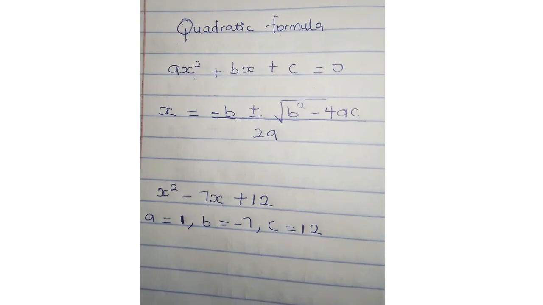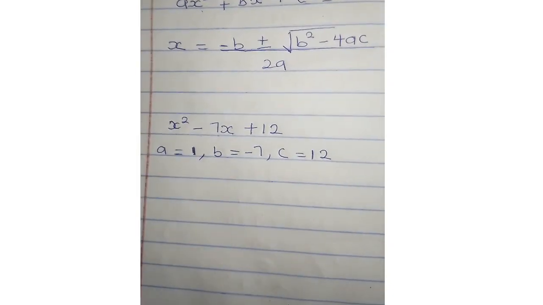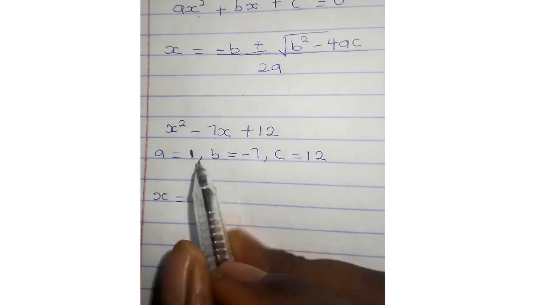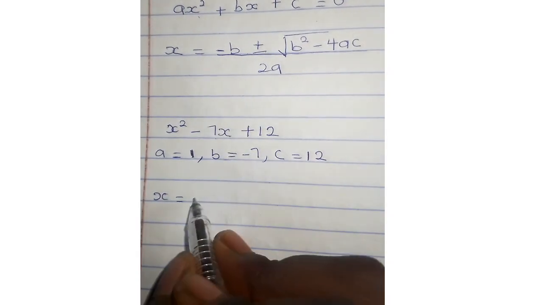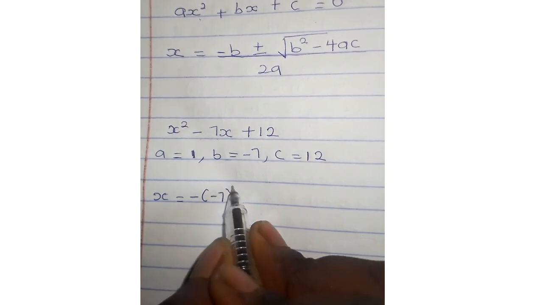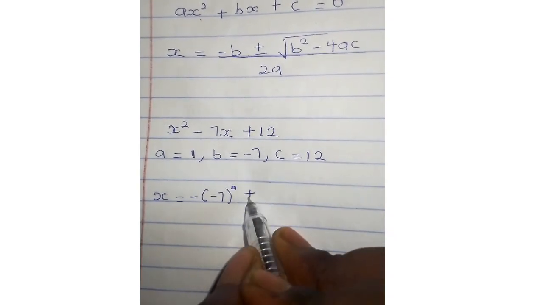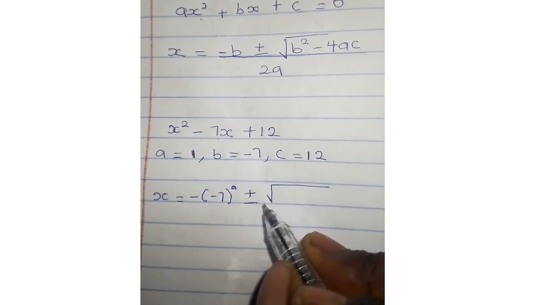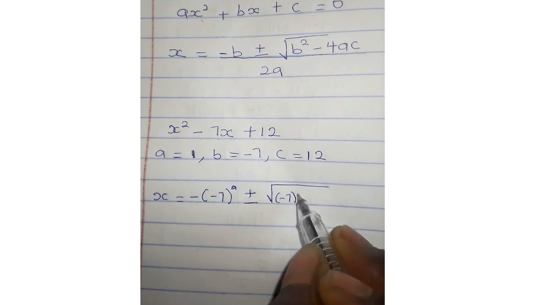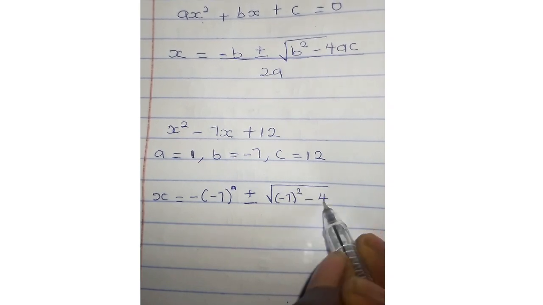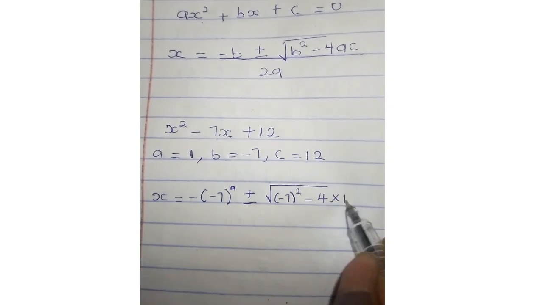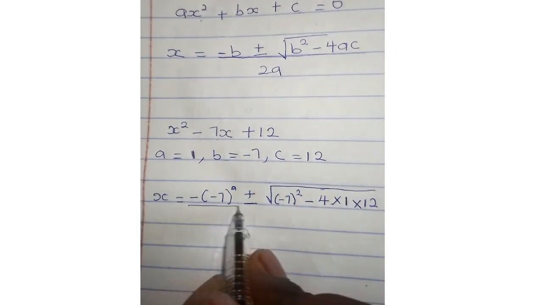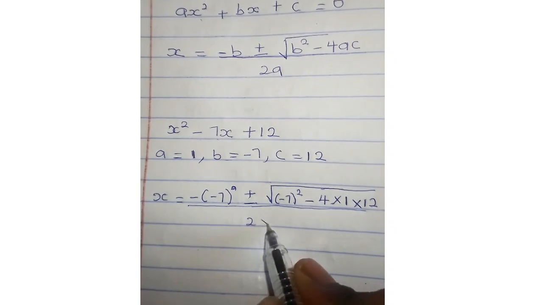Now putting it into the formula, we're going to have x equal to minus into minus 7, plus or minus the root of b squared. Our b is minus 7, so we have minus 7 all squared, minus 4 multiplied by a, which is 1, and c, which is 12, all over 2 times 1.